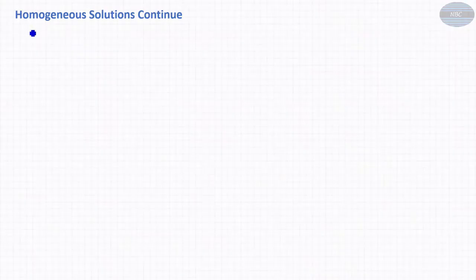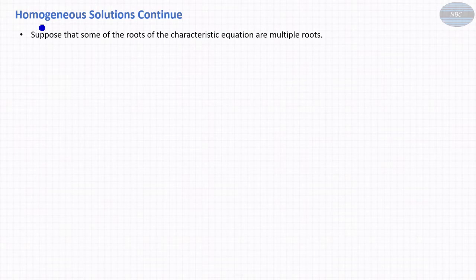In this lecture, we will continue our discussion on homogeneous solutions. Suppose that some of the roots of the characteristic equation are multiple roots. For example, let's suppose alpha square minus 2 alpha plus 1 is equal to 0.